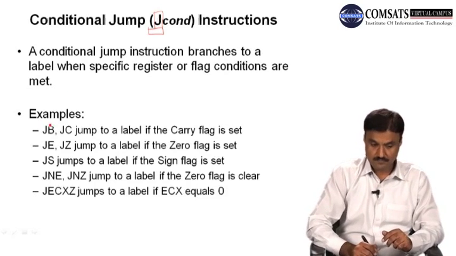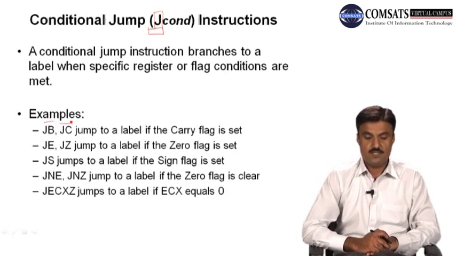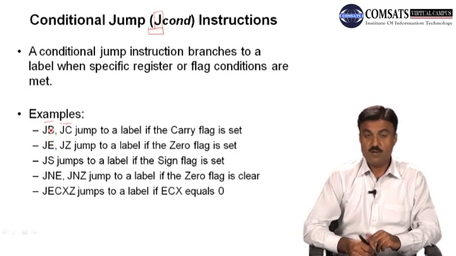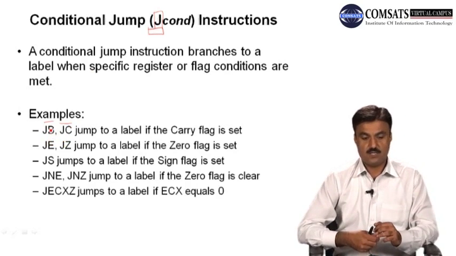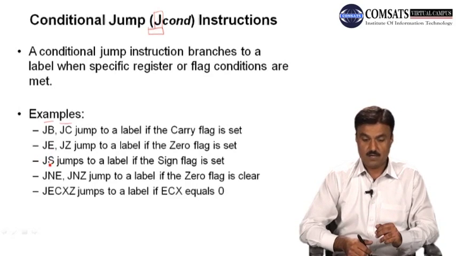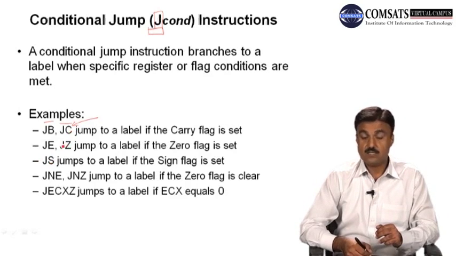For example, JB and JC: jump when carry, jump when zero, jump equal, jump below. Below means the destination is less than the source. There are also jump sign and jump zero, which are based on the flags. These are some examples.